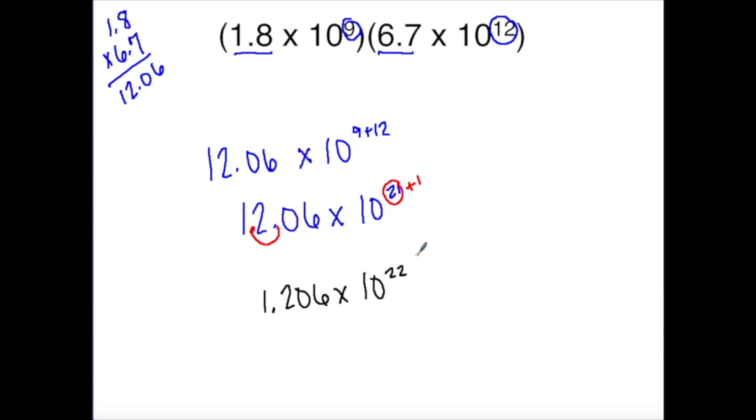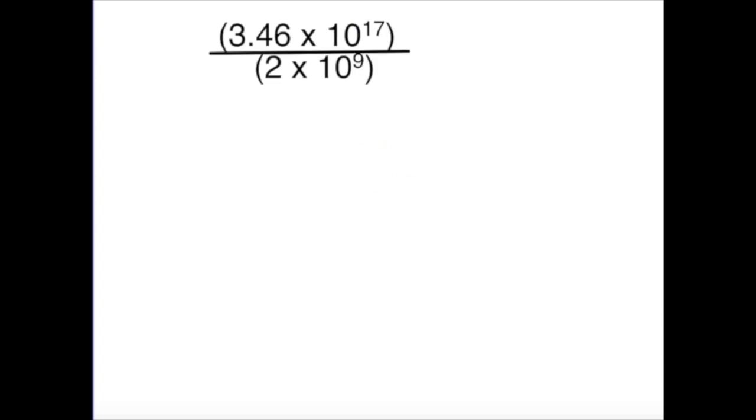But then we had to make sure that our first number is between 1 and 10. We saw that that wasn't correct, so we had to move the decimal, and that also changed our power of 10. All right, let's take a look at another example.